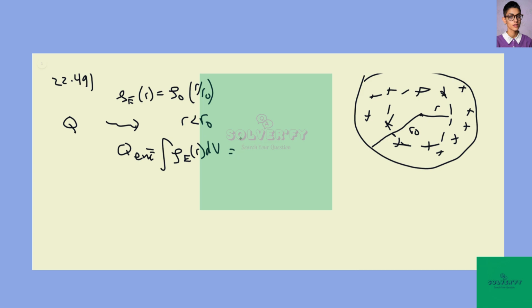So we can rewrite this in terms of just the radial distance because we know that the volume and rho only depend on the radial distance. So now integrating from 0 to r, this is rho naught times r prime over r naught. And dV, when we're changing into dr, we pick up the 4 pi r squared. That's r prime squared and dr prime.